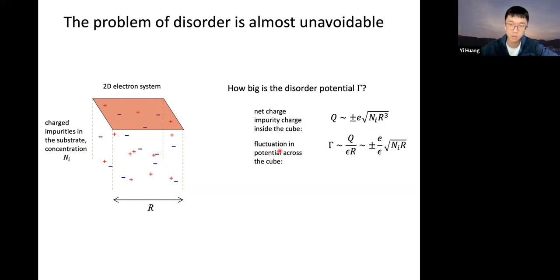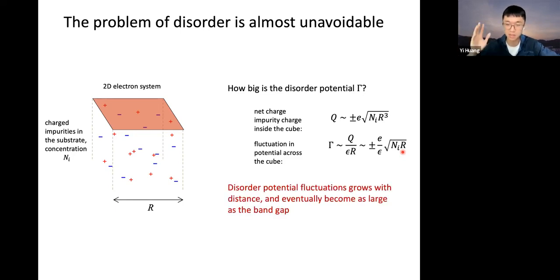Using the charge, you can estimate the potential across the cube, say the potential on this side and the potential on that side. This is just the charge divided by the dielectric constant and the size of the cube. You see that this fluctuation of potential is proportional to the square root of your size R. This means if you increase the size of the cube, eventually you can get your potential fluctuation large enough that it can be as large as the band edge, as the band gap.